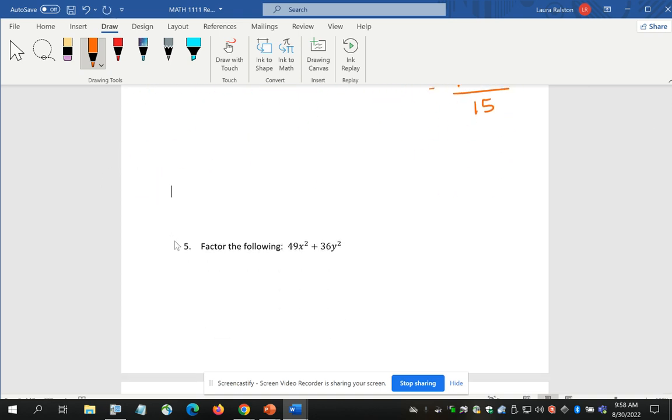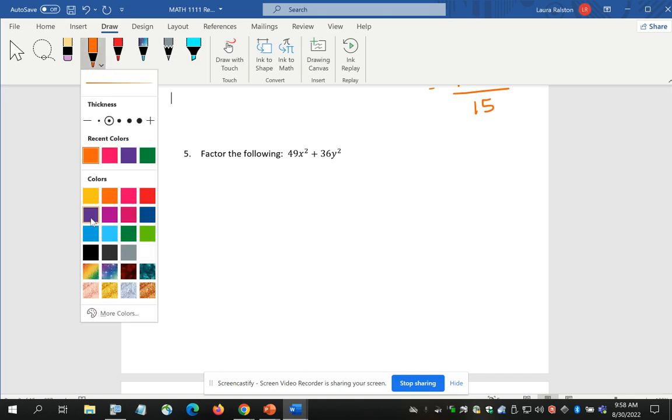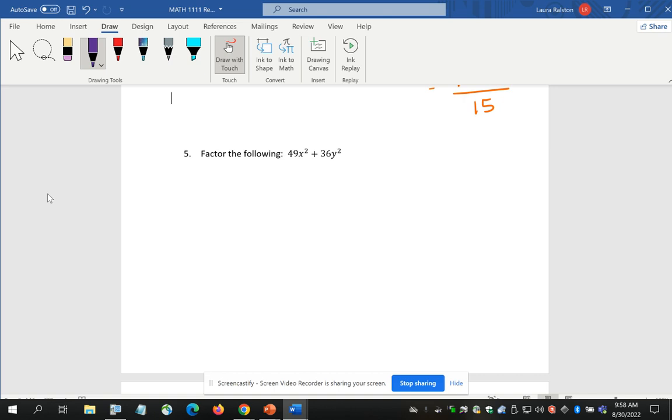Okay, then question 5 asks you to factor 49x squared plus 36y squared. I notice that this is a binomial. It has two terms.